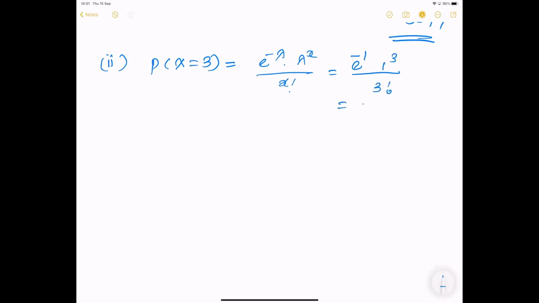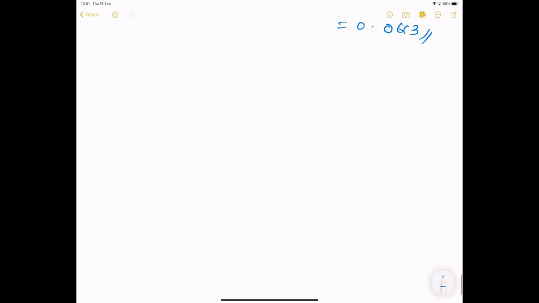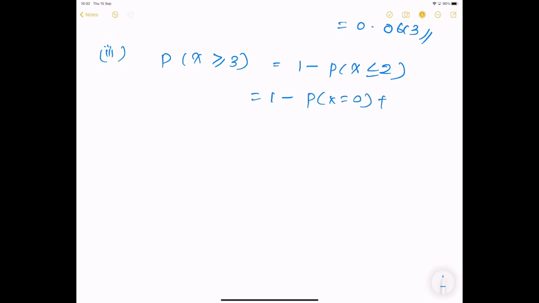The answer should be 0.0613, right? Then 3 or more defective items: 1 minus the probability of 2 or fewer, because this is a discrete situation, 1 minus x0 plus x1 plus x2, right?